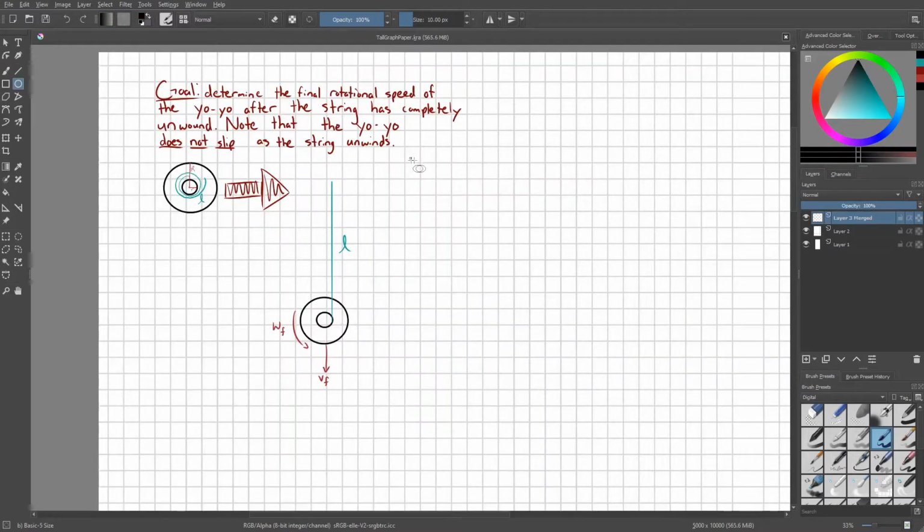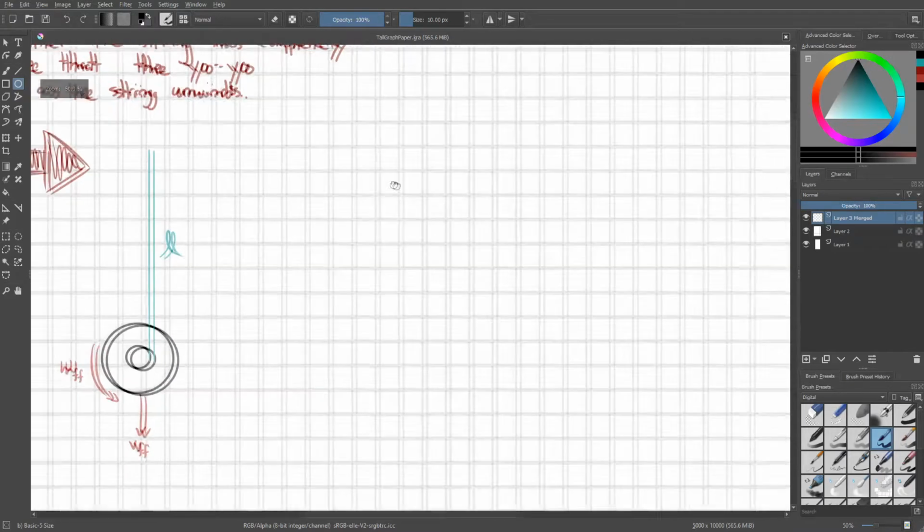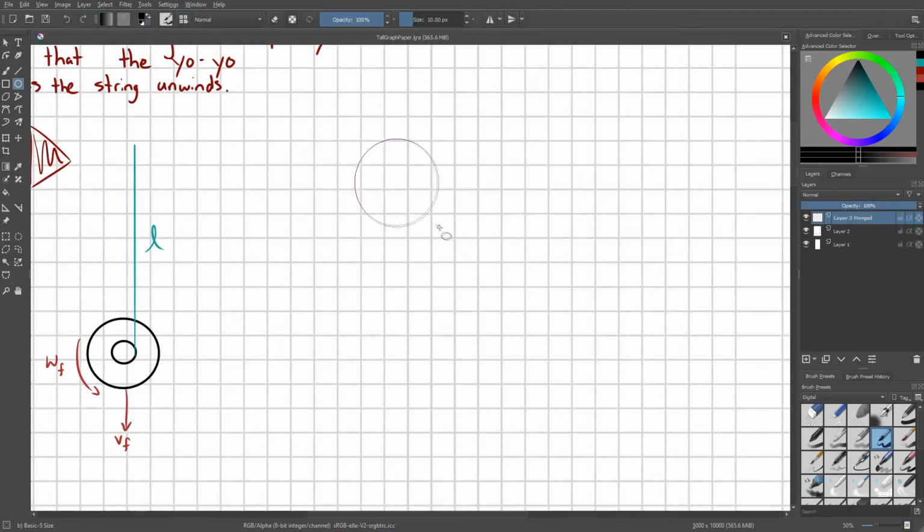I want to start by making a little free body diagram where I label some of the forces acting on this yo-yo. So very clearly, we're going to have mg, which pulls the yo-yo down, and we're going to have the frictional force between the string and the yo-yo, which I'll label little f.